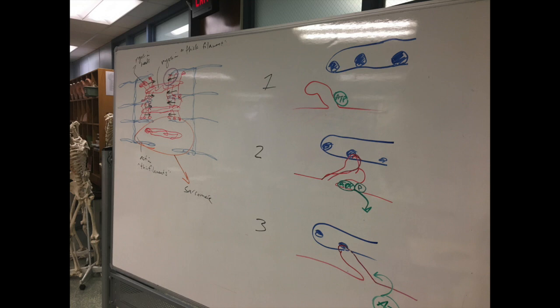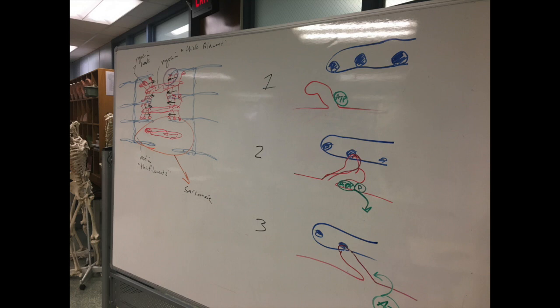Then, once it grabs onto that binding site, ADP and P fall off. So this guy falls off. Now, I'm going to draw this guy again, and we'll go over this again because this is actually pretty tricky stuff.